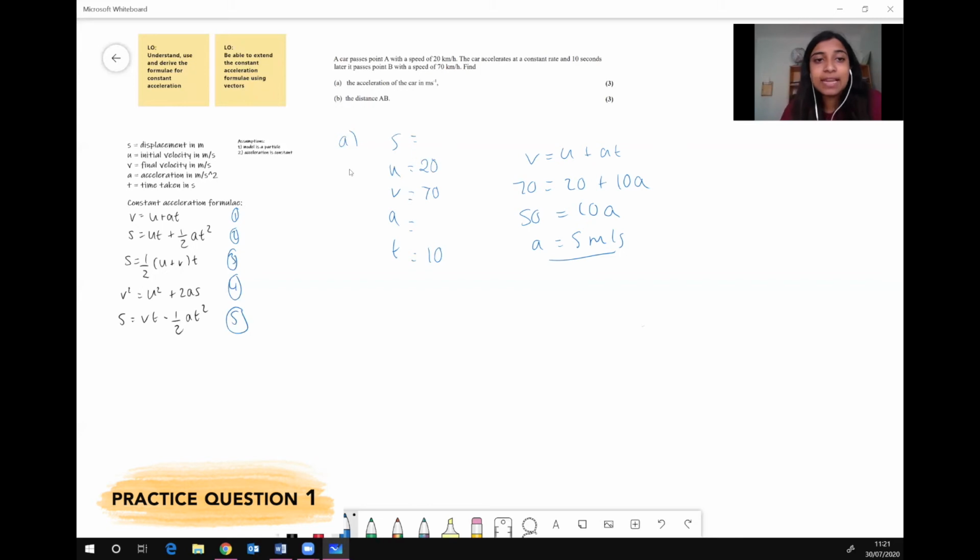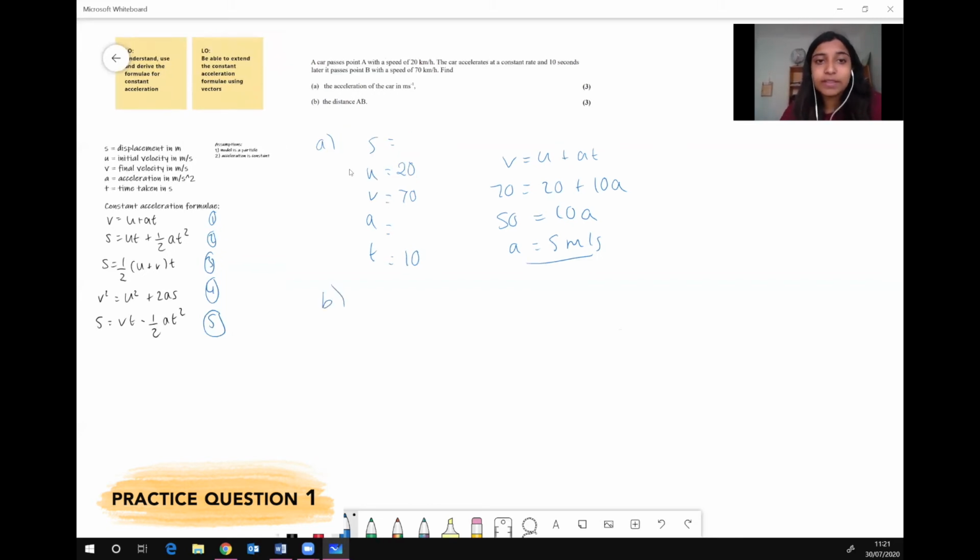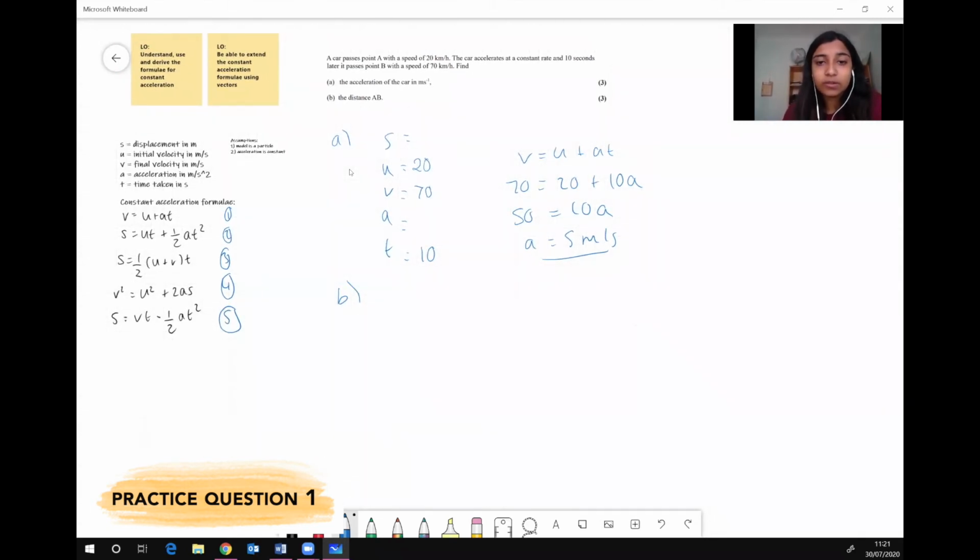So now if we move on to part B, we want to find the distance A to B. So we just want to find our s. So now we've got all our information, so we can just use any of our equations. But because we don't know if our part A is right, as you may not know that in the exam, try and use the formula that has everything apart from a. So we can do our equation 3.